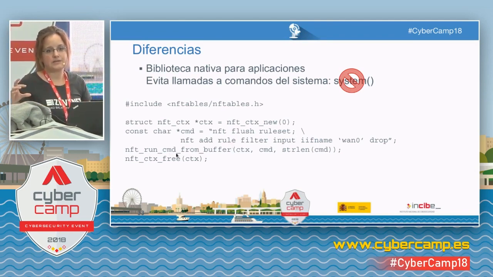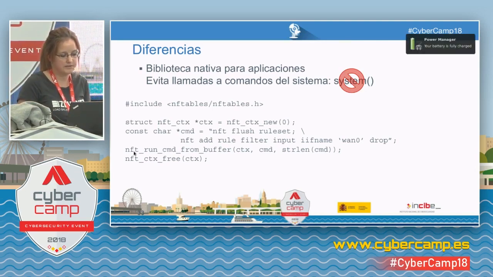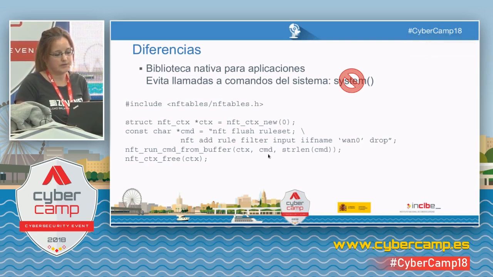Then once the buffer has loaded the whole string with all the commands, all the rules separated by semicolons, we then launch it to the context variable. We send the buffer, in this case for CMD. We specify the size of the buffer.